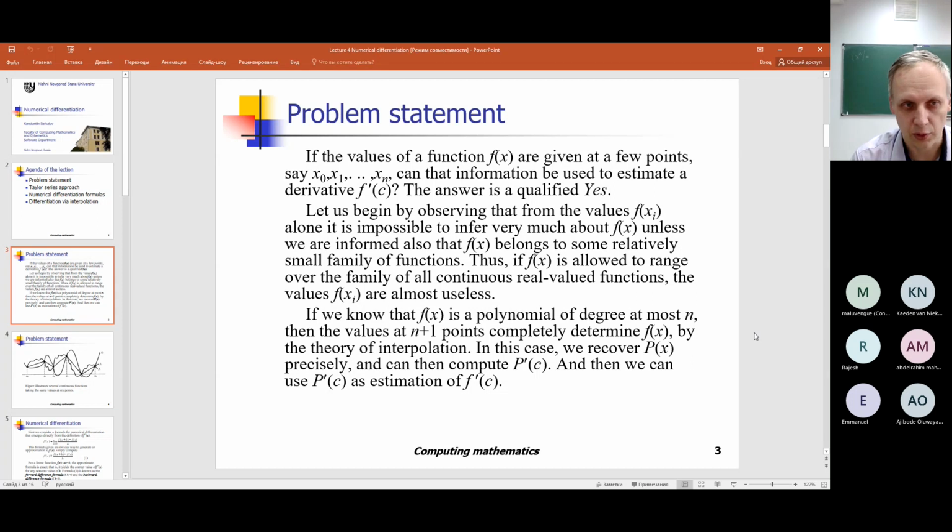We don't know a formula, but we know only a few values at some points, say x0, x1, x2, and so on, xn. We know n plus 1 values of the function at n plus 1 points.